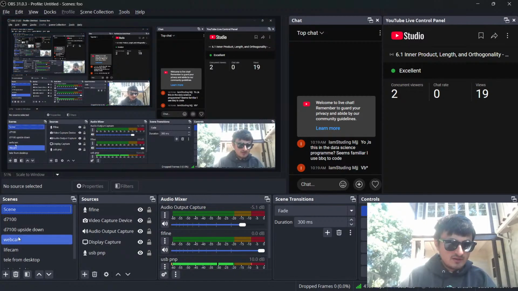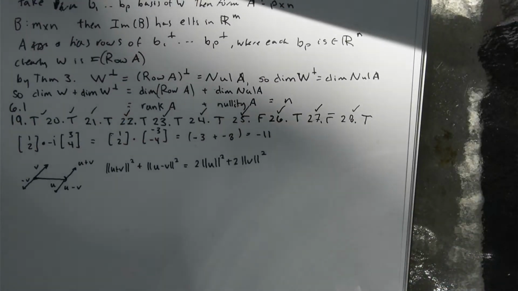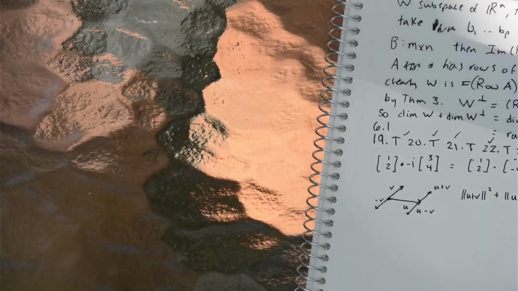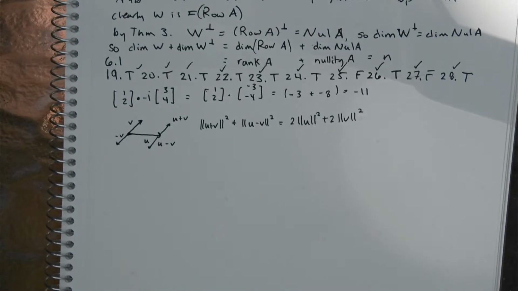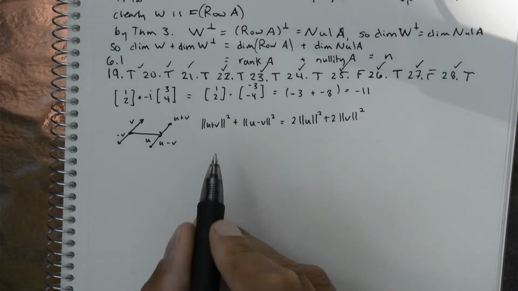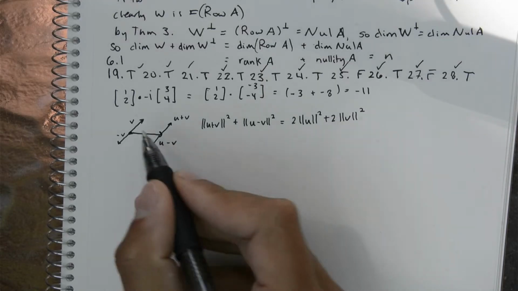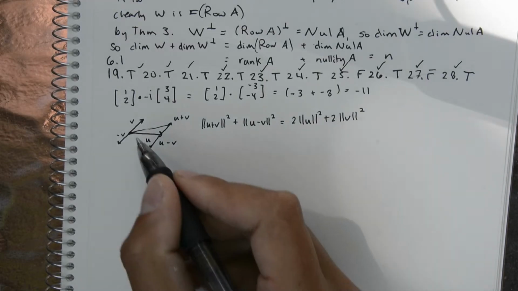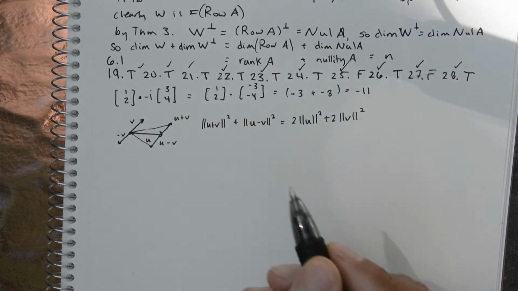Okay, let's get on, I'm just going to move this over. Okay, so this is the geometric picture. Now, the norm of U plus V is going to be the length of this, and then you're going to get the length of this.